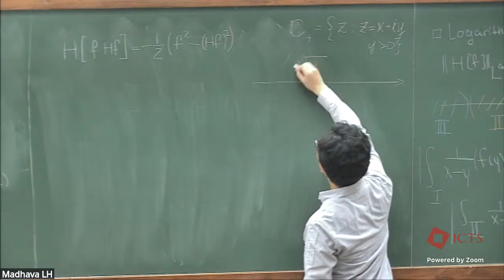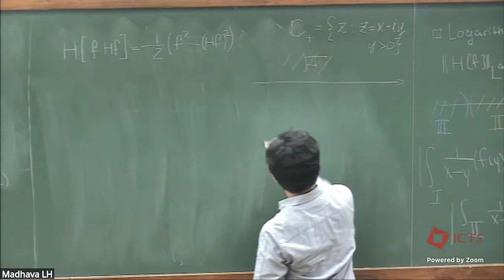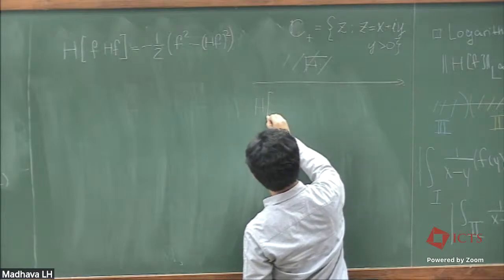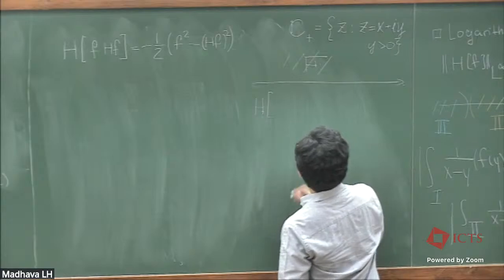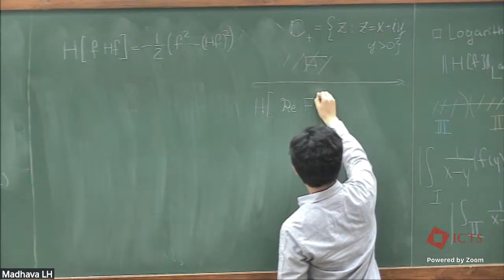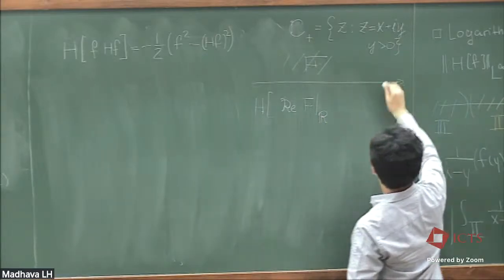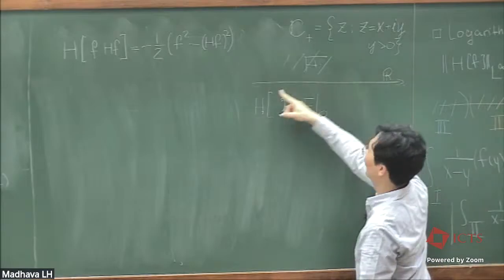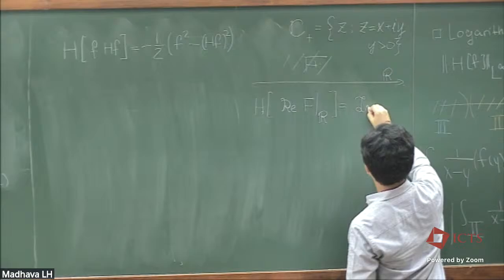So f is some complex analytic function in C plus. Then the statement is that the Hilbert transform of the real part of f restricted to the boundary, let me just identify the boundary with our real line, is the imaginary part.